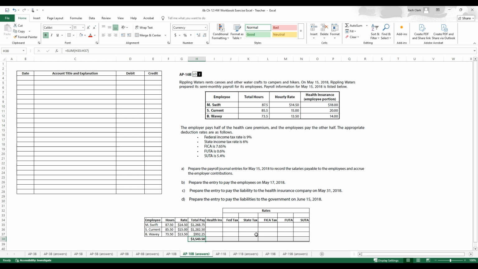So the employees earned $3,543.50 for this payroll period. And then, as it mentioned here, they're going to be deducting $18, $20, and $14. So in total, that comes out to $52.